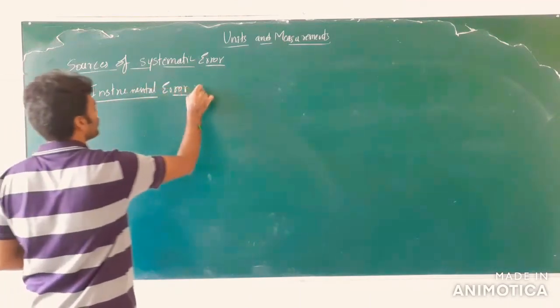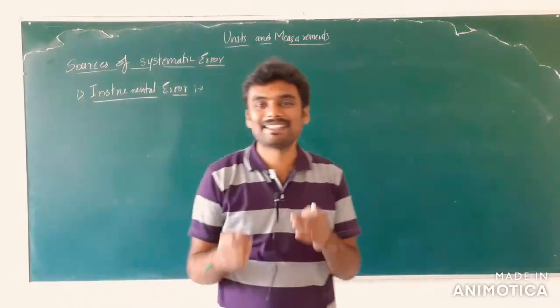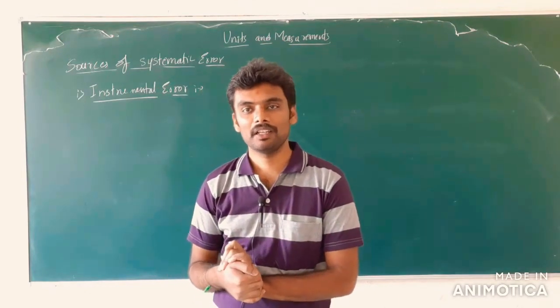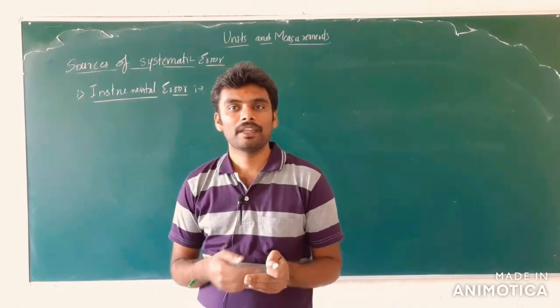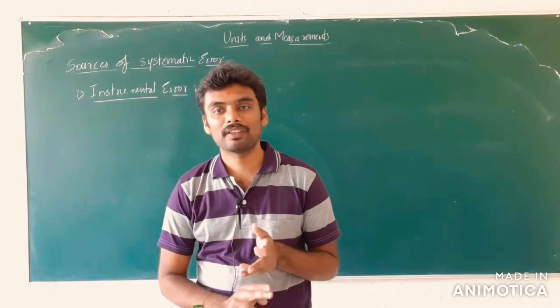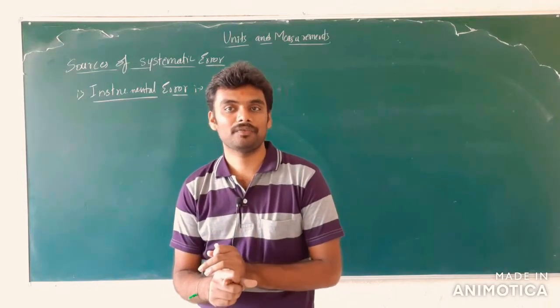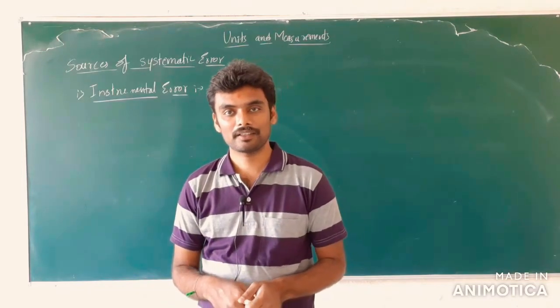Obviously, whenever we measure something, the measuring instrument must be a perfect one, right? If the measuring device we are using is damaged, or it has imperfect design or imperfect calibration, then we will get error in the reading, isn't it?